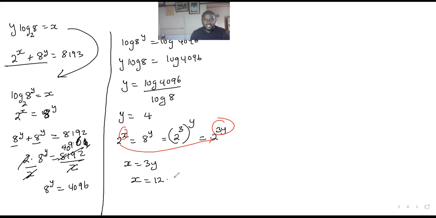If you want to confirm whether you're right, substitute here 2 power 12 plus 8 power 4. Confirm. What answer do you get? If yes, you're on the right track. If not, you rub everything and start working again.